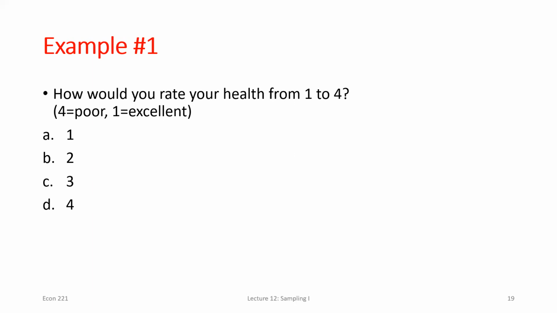If I'm in poor health, I'm probably a little more likely to not want to respond and tell someone I'm in poor health. So the non-response bias we could get here probably comes from people who are not as healthy. If we look at our sample, we're going to think, if we're trying to make inferences about the population, that the population is healthier than it is, because the people who aren't responding were the ones with lower health.